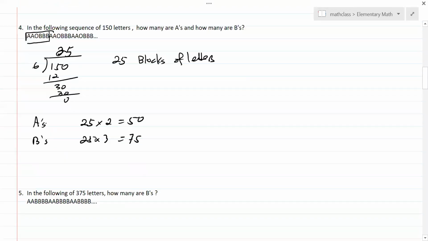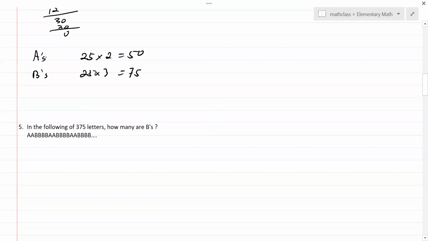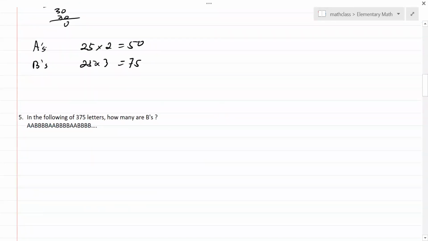Okay, good job. So now do this slightly different, similar problem. Maybe you get a partial block here. Take a look at the following 307 letters. We don't know where it stops, right? How many are B's? First of all, you identify the block which appears periodically.